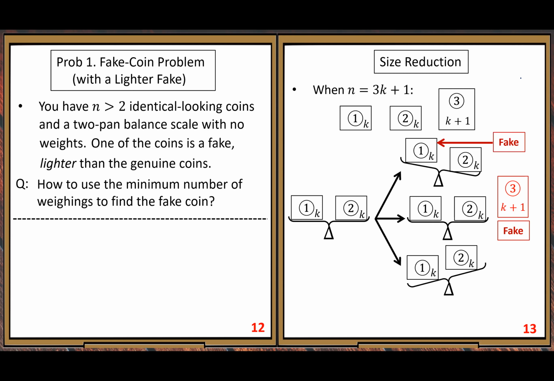All right. Then this time, size reduction. From here we consider the worst case, because we have 2 better cases, right? But when we have different cases, we focus on the worst case.